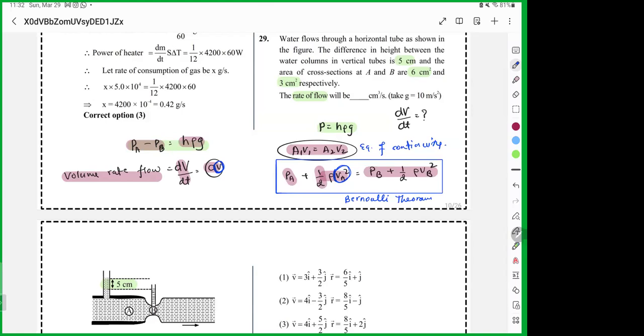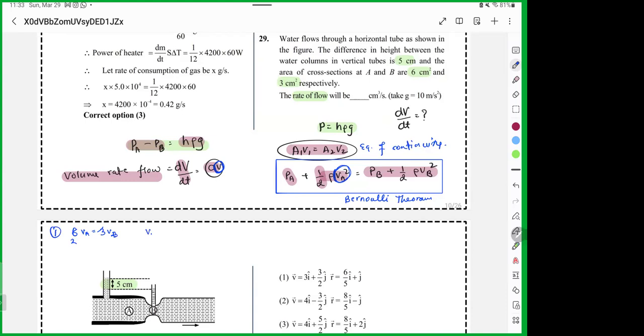So, if you know this, A1 V1 is equal to A2 V2, first what is A1? 6. What is V1? VA. A2, 3. And V2, we have to calculate, like VB. So, 3 2 ja, correct?